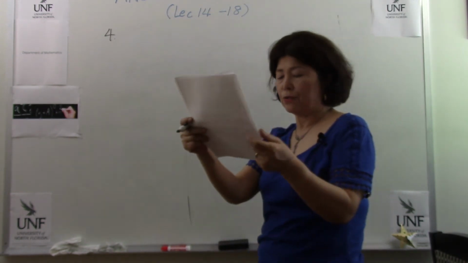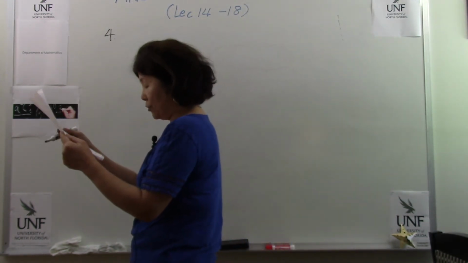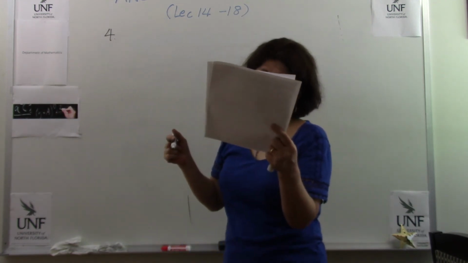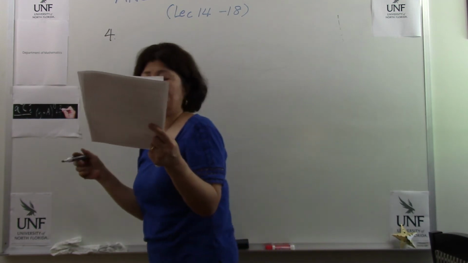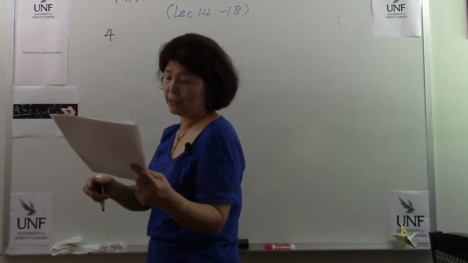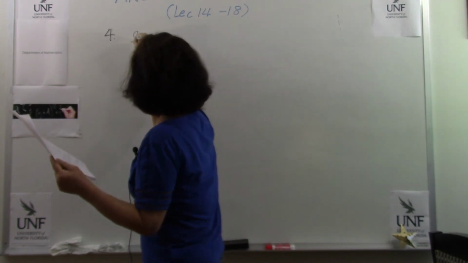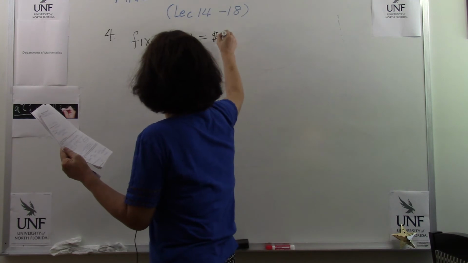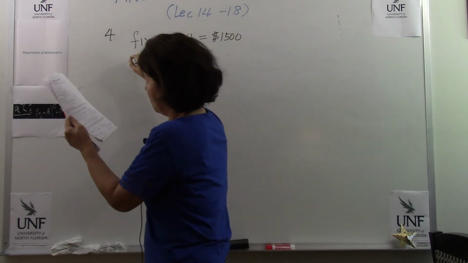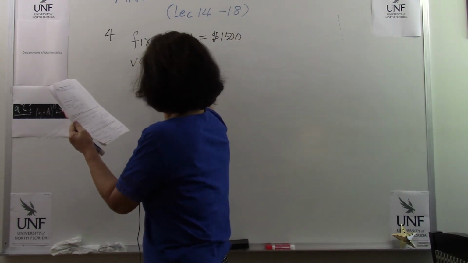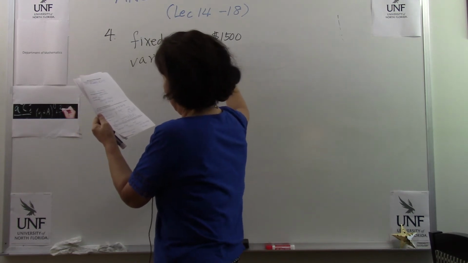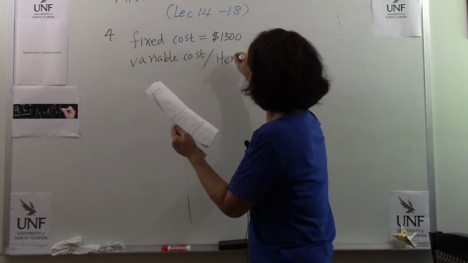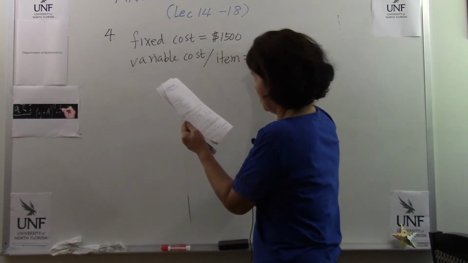Assume that the cost to produce an item is a linear function, so that means y equals mx plus b form, and all items produced are sold. Well, we don't carry this inventory stuff. The fixed cost is $1,500 and the variable cost is per item, $100.